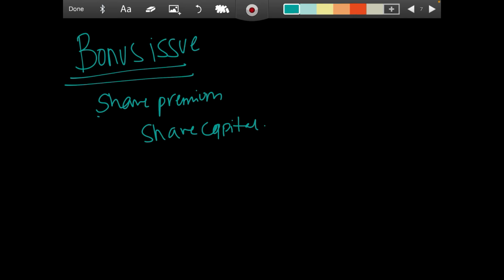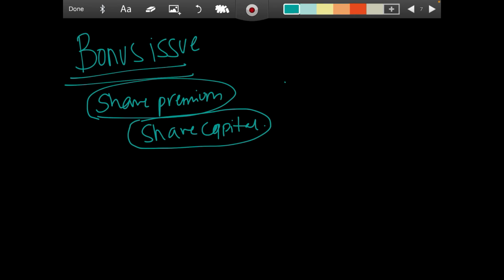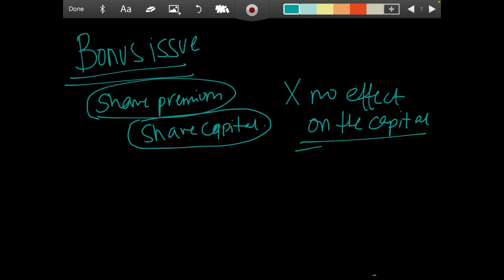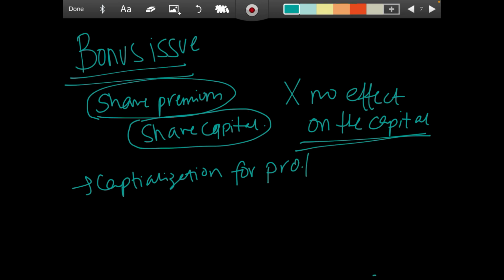So this basically means that we used our profits to issue more shares to our existing owners. So there's no effect on the capital. This basically means capitalization of profits. We are using our profits to issue shares.